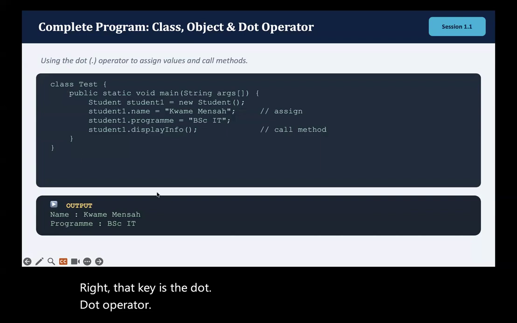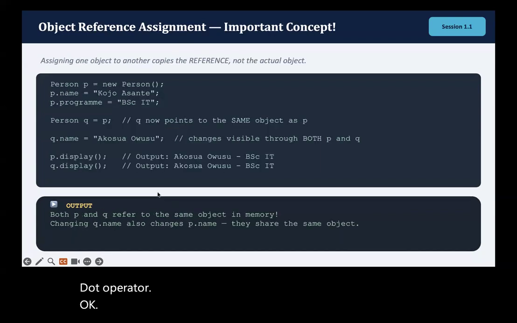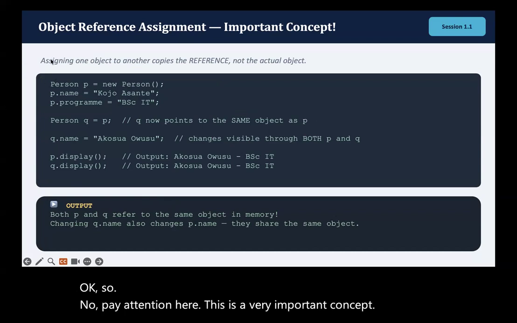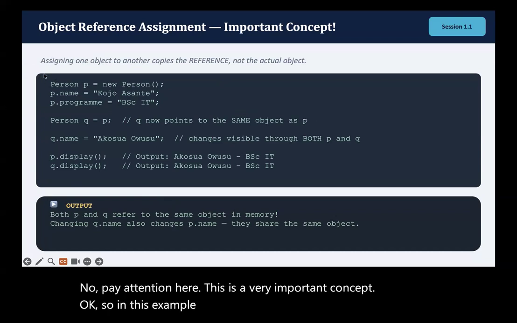Okay, now pay attention here. This is a very important concept. In this example, I'm writing Person p equal to new Person.